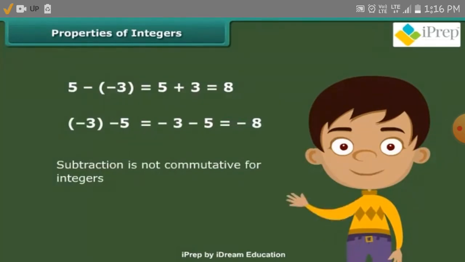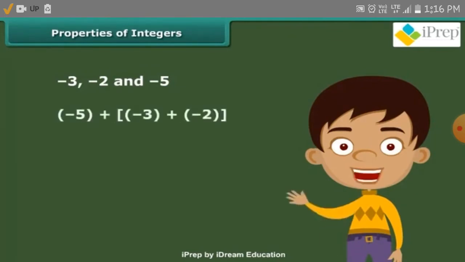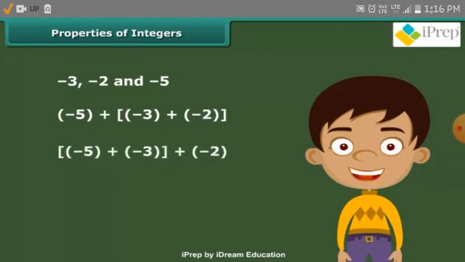Now observe the following examples. We will take the integers -3, -2, and -5. Look at -5 + (-3 + -2) and (-5 + -3) + -2.